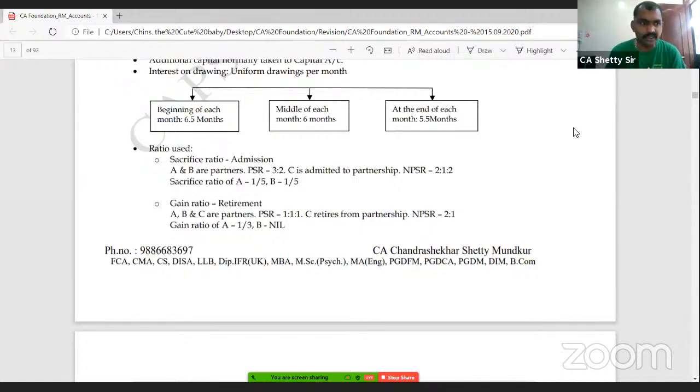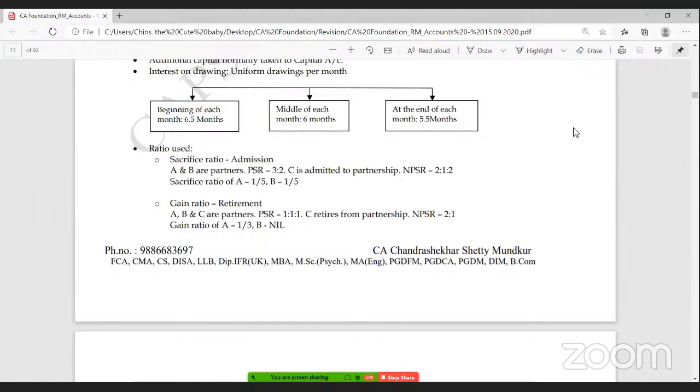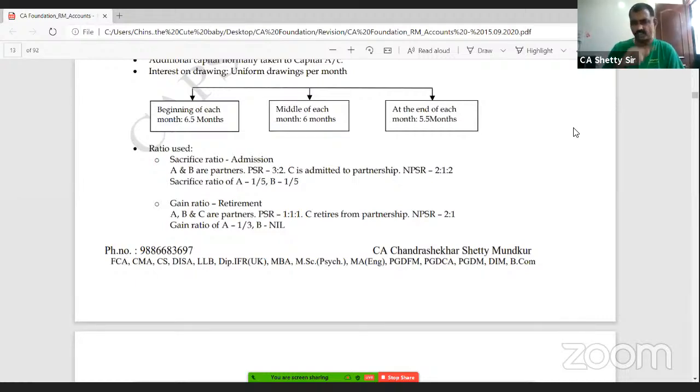When a new partner is getting inside the firm, he is gaining something. Debit the partner who is gaining. Leave one line. To, credit the partner who is sacrificing. Did you enjoy? Yes, sir. This is the only entry. Make a box for this.